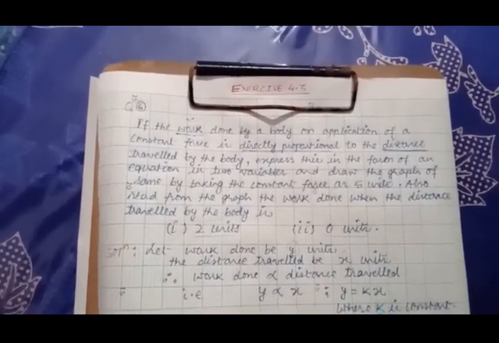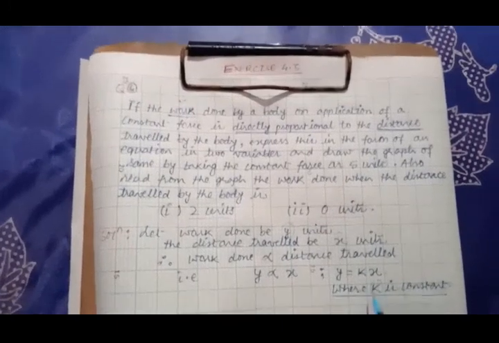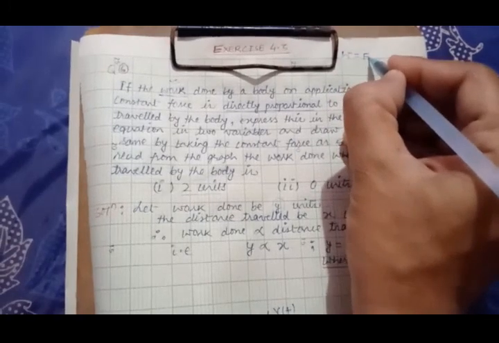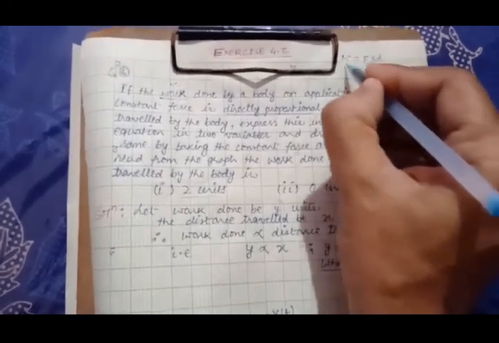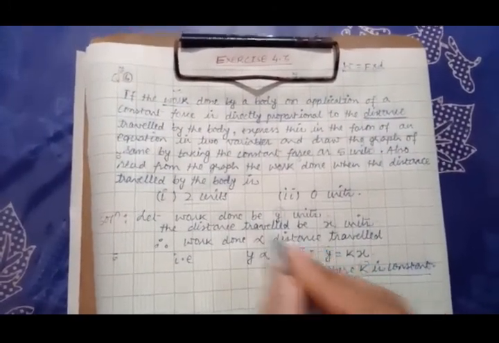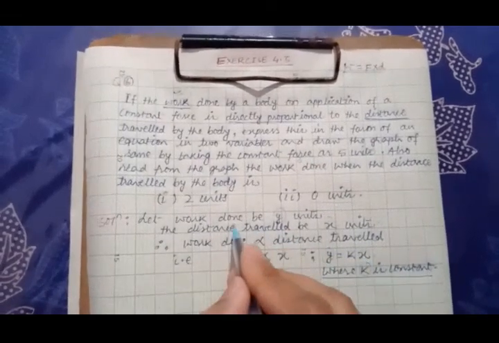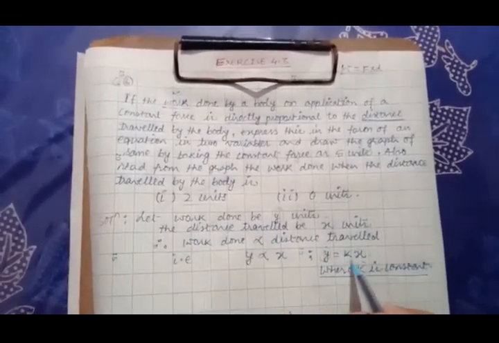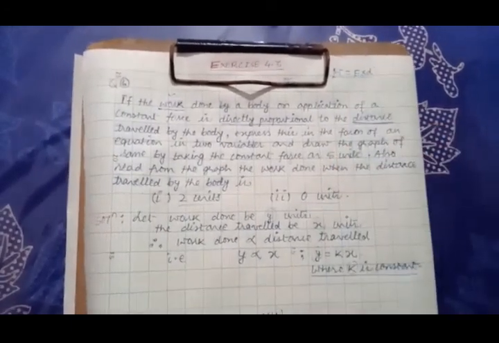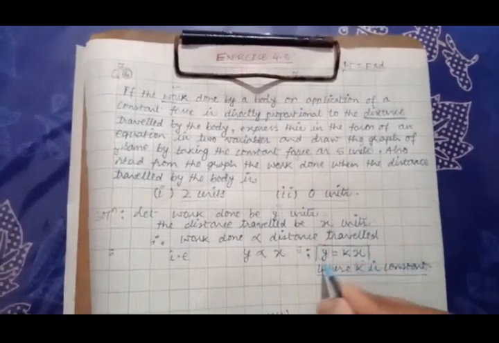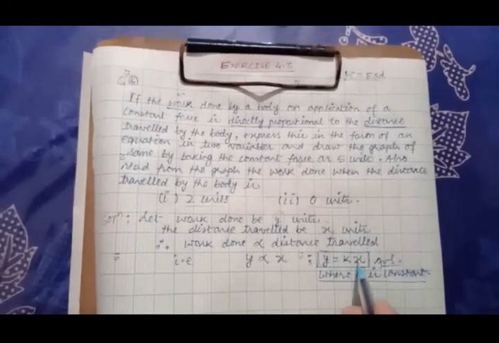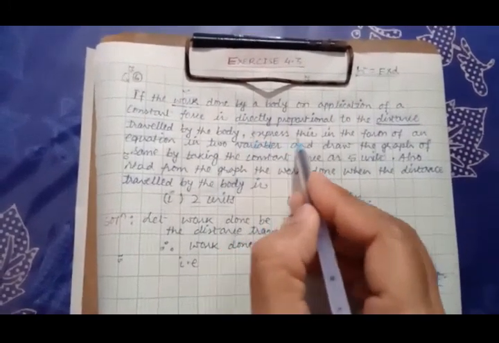This is very similar to the relation you studied in physics, that work done equals force into distance. So if this is compared to y equal to kx, where y is work done and x is distance, obviously this constant k will be treated as force F. After all, that's the required relation in terms of two variables y and x to express this information.